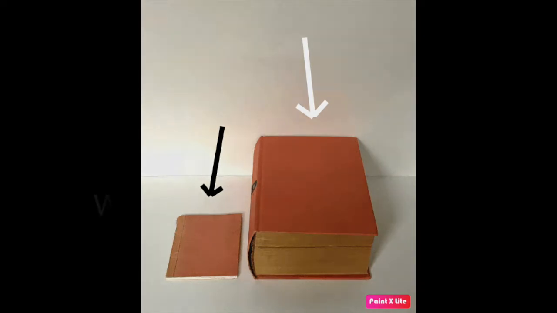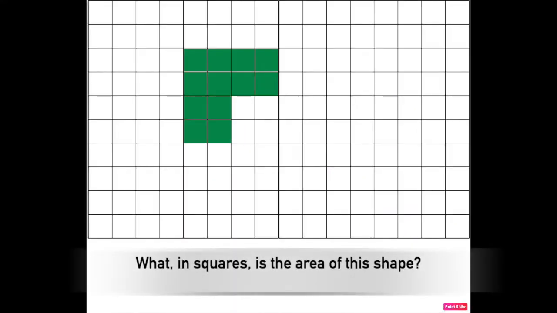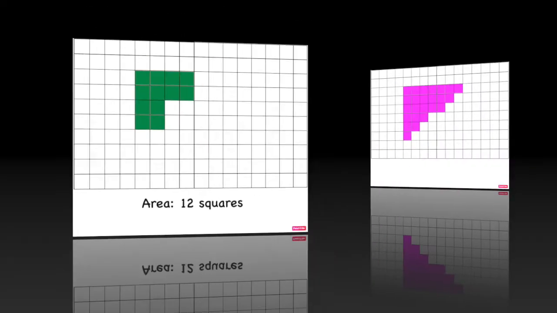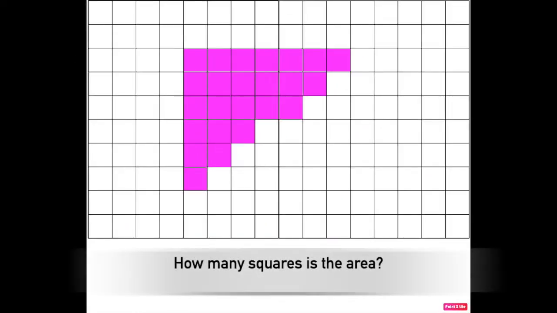In second-class maths, we measure area in squares. For example, if I showed you this picture, what do you think, in squares, is the area of this green shape? Well done! 12 squares. Now what about the area of this pink shape? How many squares is the area?